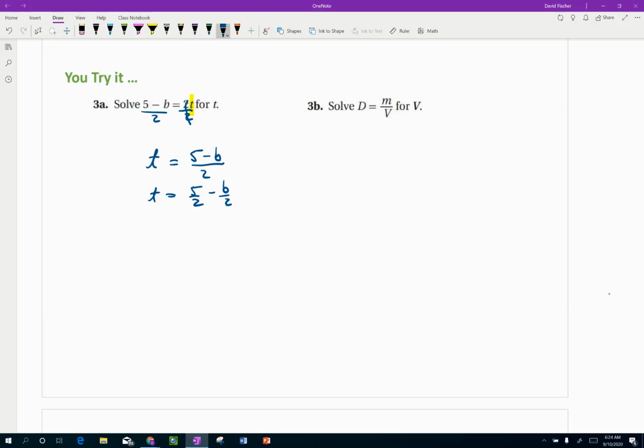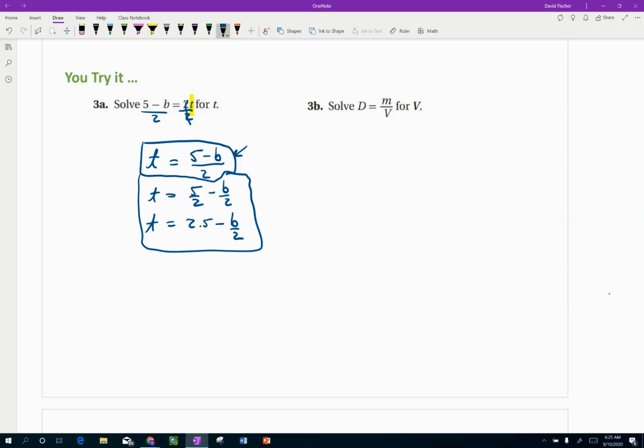Most kids would just say, I'm going to divide everything on this side by 2. So this would be the less complicated way of writing the formula. You could even do it this way. You could say, I know 5 divided by 2 is 2.5, minus b over 2. So all 3 of these answers would be acceptable, depending on how far you want to go.